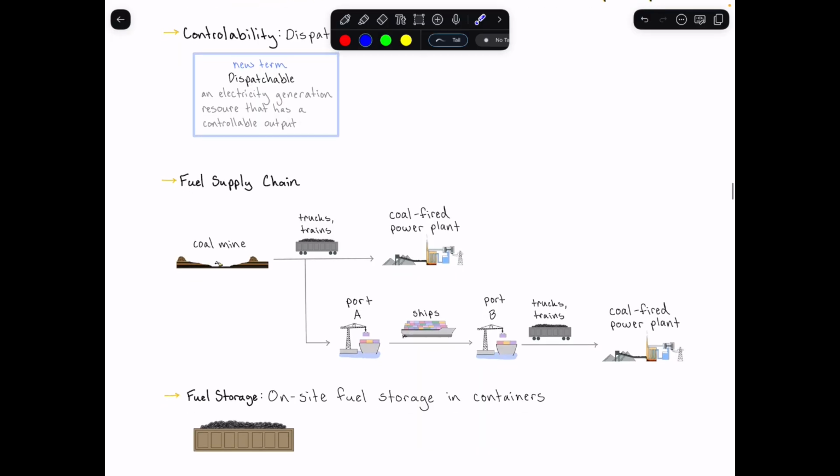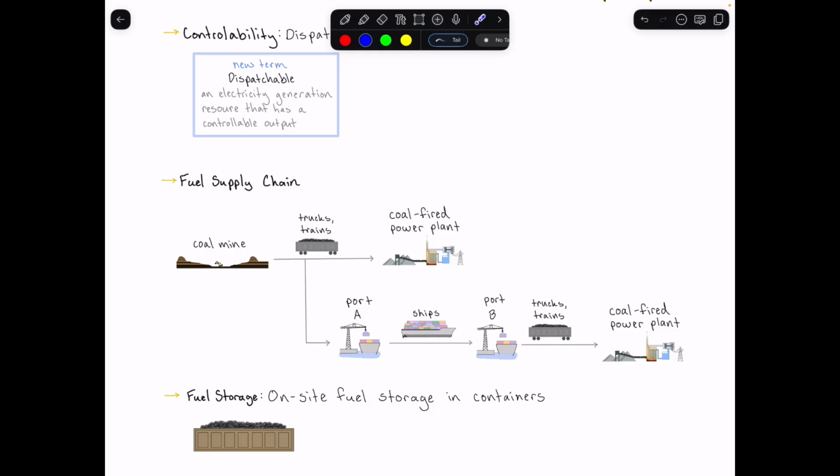Next part, fuel storage. Coal-fired power plants are able to store coal on site, so that they can continue to generate electricity even in the event of some supply chain disruption. So let's say there is a really severe weather event or a natural disaster that temporarily stops trucks and trains from reaching the coal-fired power plant.